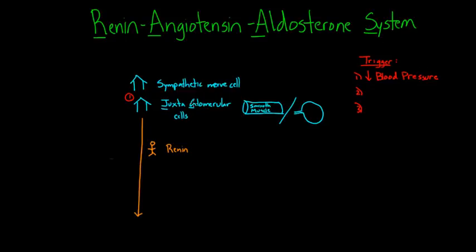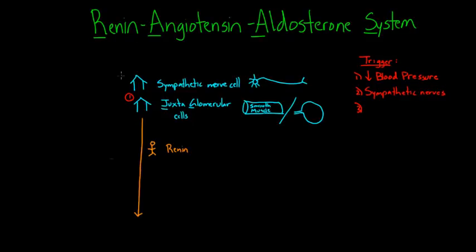For example, let's say you're running away from a bear, or trying to win a fight, or you're in a car accident and you're bleeding. Any sort of major stressor is going to cause these nerve cells to start firing. And when they fire, that JG cell starts releasing renin. So the second trigger would be sympathetic nerves.